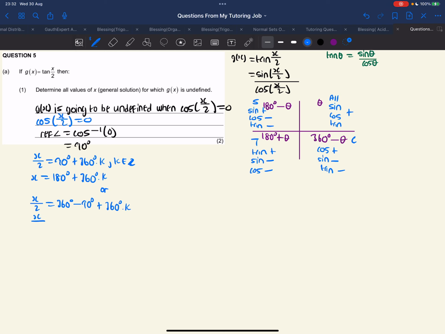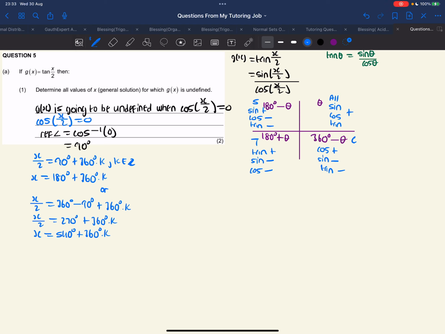Then x over 2 is going to be 270 degrees plus 360 times k, and then our x should be, if you say 270 times 2, 540 degrees plus 360 times k.